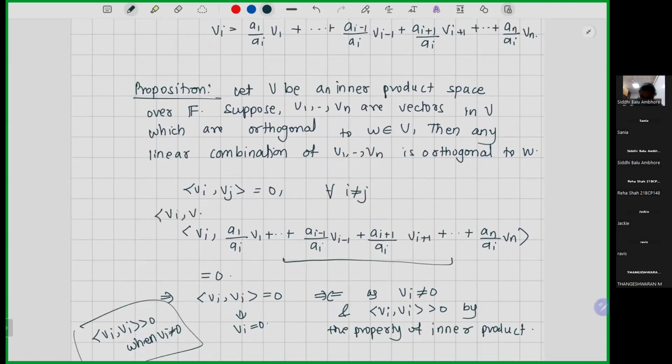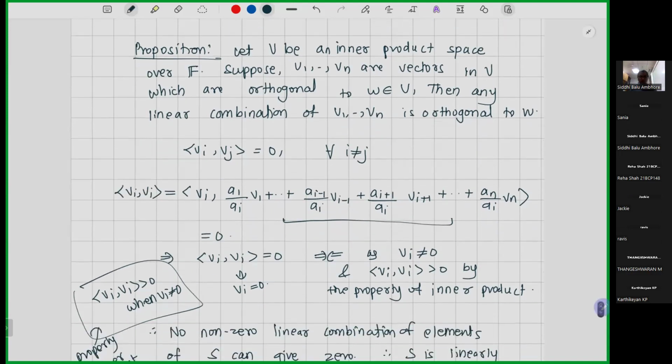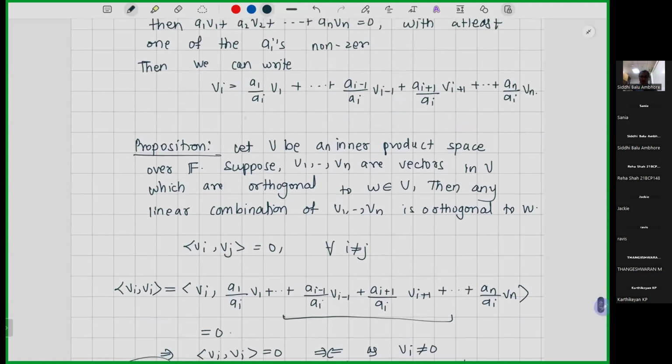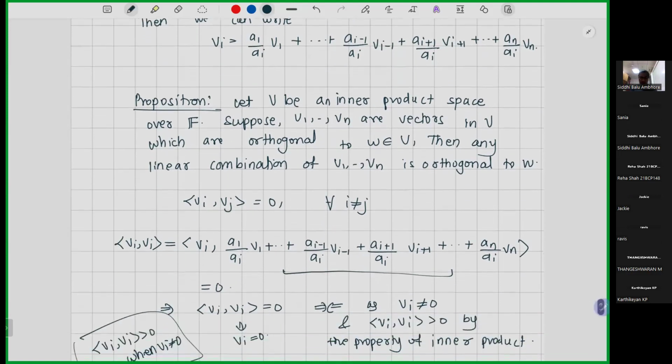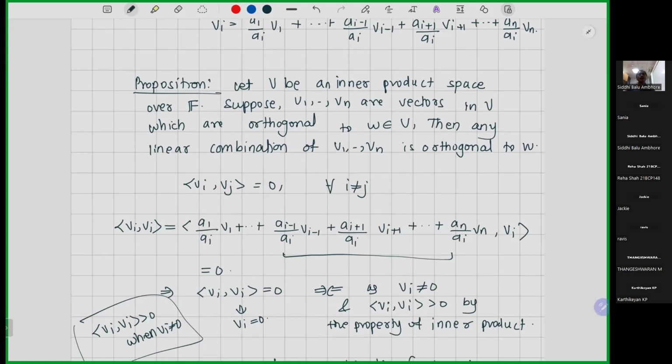Vi comma Vi is equal to... the first term, Vi comma A1 upon Ai V1, you would have to prove in this case, because you have expanded the second term, that this particular A1 upon Ai is a complex conjugate. Or we can just take this, because otherwise we would have to prove that it's a complex conjugate.